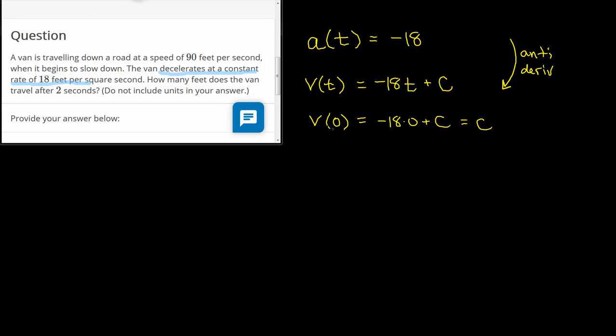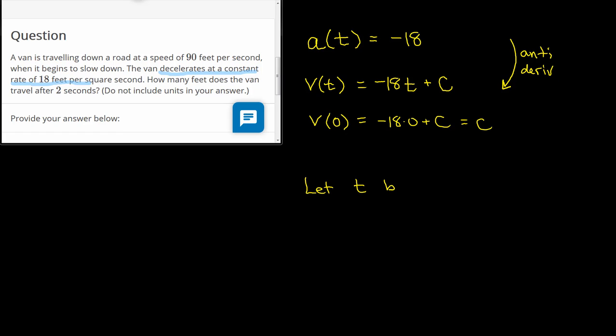And time 0 is the moment when the driver applied the brakes, because in this experiment, I don't care what the driver's doing until they press the brakes. So I guess I should have written that down at the beginning somewhere. I'm going to write it down now just so we'll be clear.